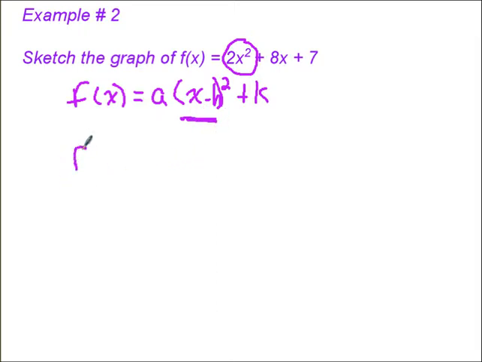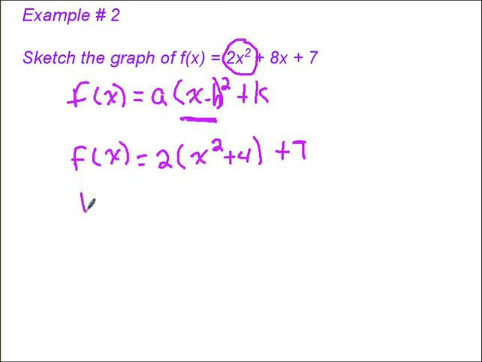First thing I'm going to do is factor out a 2 from the first 2 terms. So I'm going to have 2 times x squared plus 4x, plus 7. Now I want to be able to write this as a quantity squared.